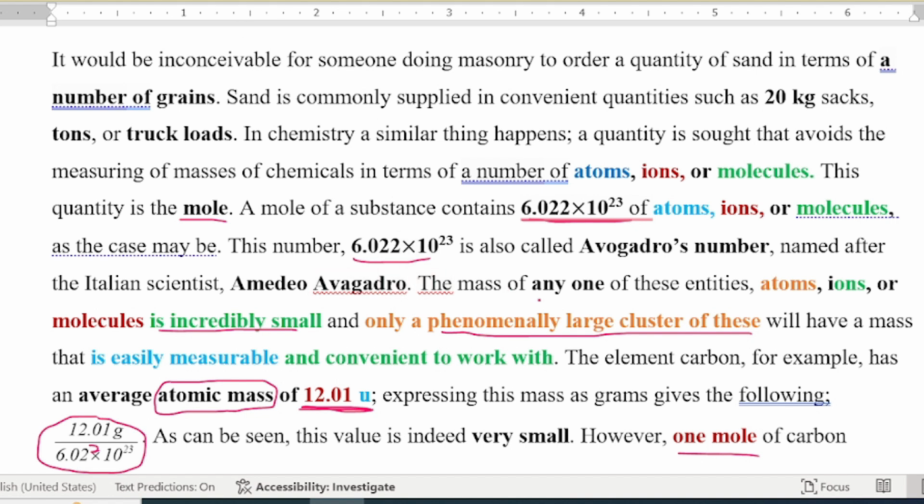The mass of any one of these entities, atoms, ions, or molecules, is incredibly small, and only a phenomenally large cluster of these will have a mass that is easily measurable and convenient to work with.